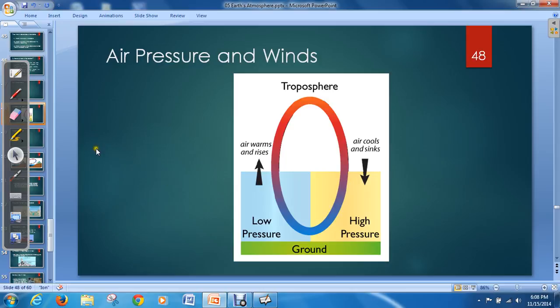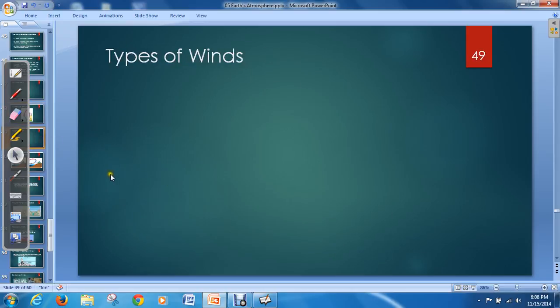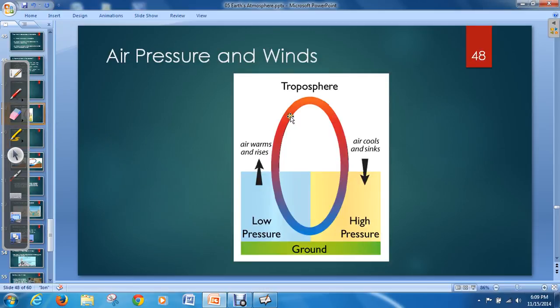That's the general idea. So let's look at the different types of wind. For all of them, it's going to be high pressure moving to low pressure, or cold air moving to hot air. It's always this convection cell process.